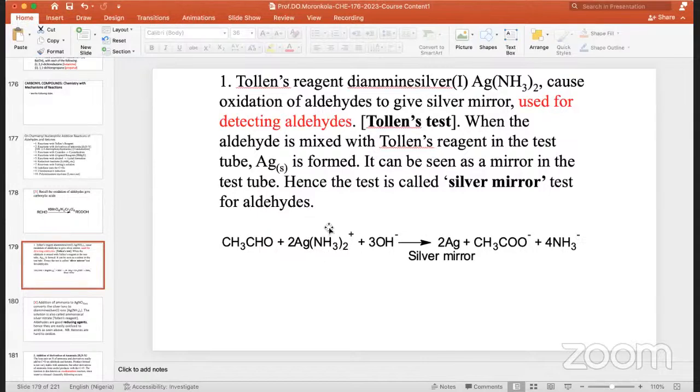In the presence of Tollens' reagent, which is your diamminesilver(I) complex, in an alkaline medium, you have the deposition of silver, causing a mirroring pattern. That's why we call it a silver mirror. It's not a big deal there.